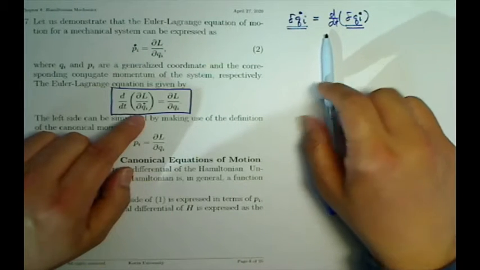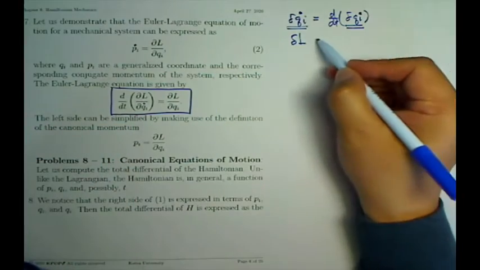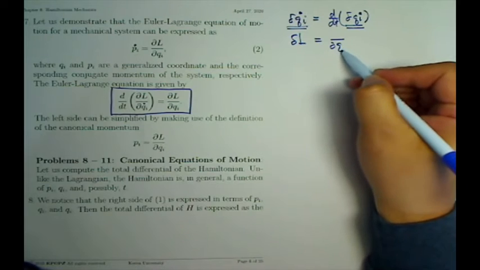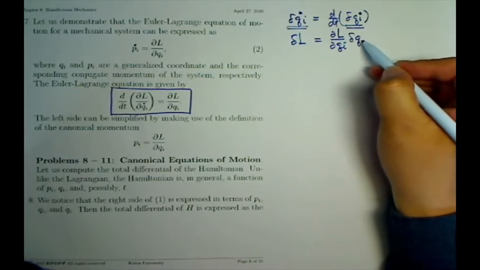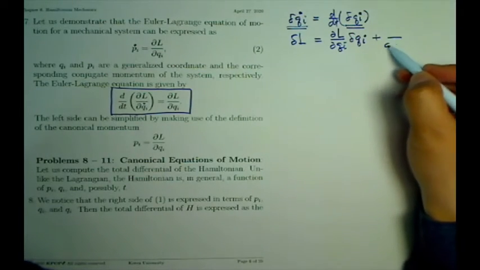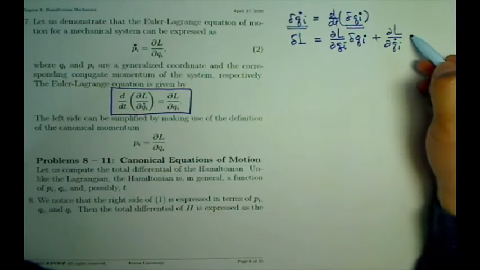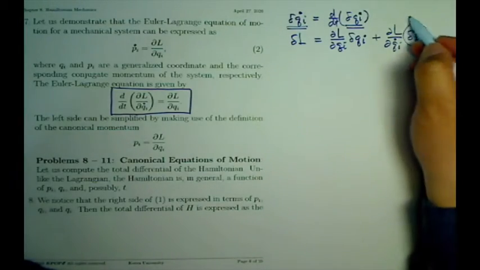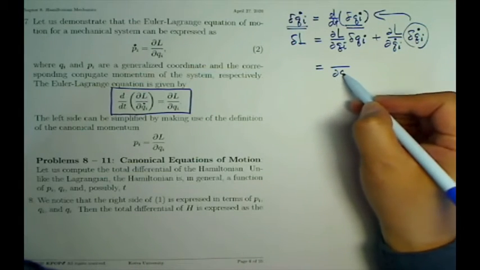Right? You remember, if I vary the Lagrangian, the partial derivative with respect to qi and the variation of qi, plus the partial derivative of L with respect to qi dot times delta qi dot, and it was this, and we replace this.